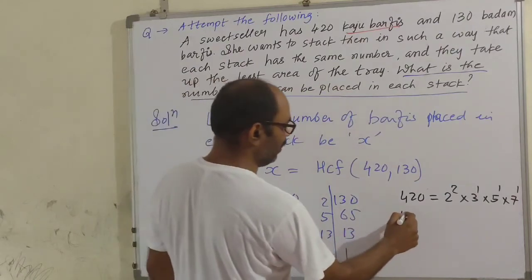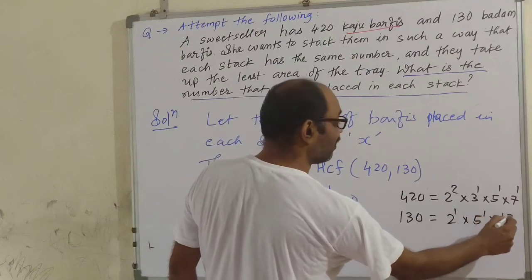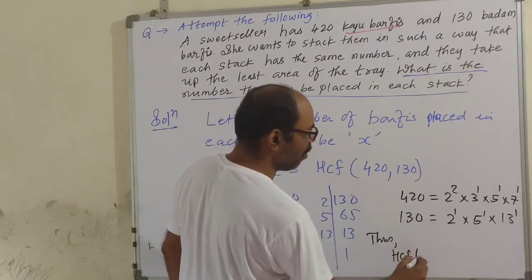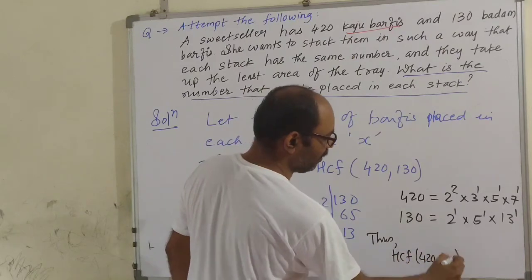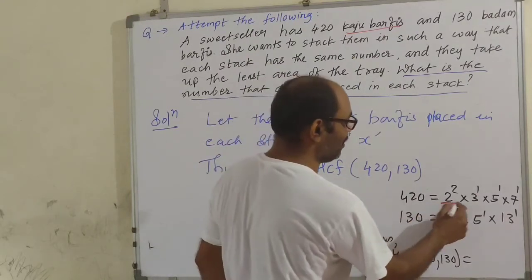Here, 130: 2 raised to 1, 5 raised to 1 and 13 raised to 1. Thus, HCF of 420 and 130 is equal to, well, powers with common base 2.